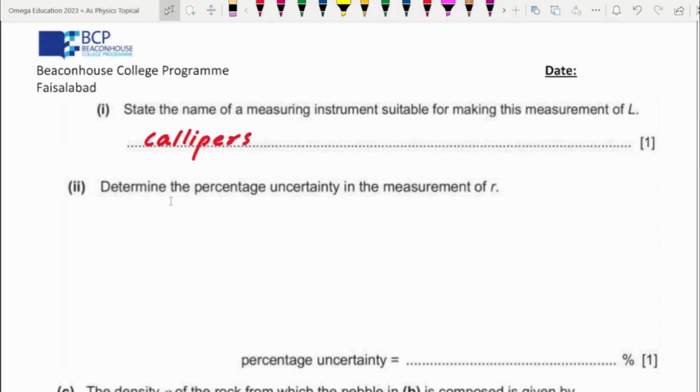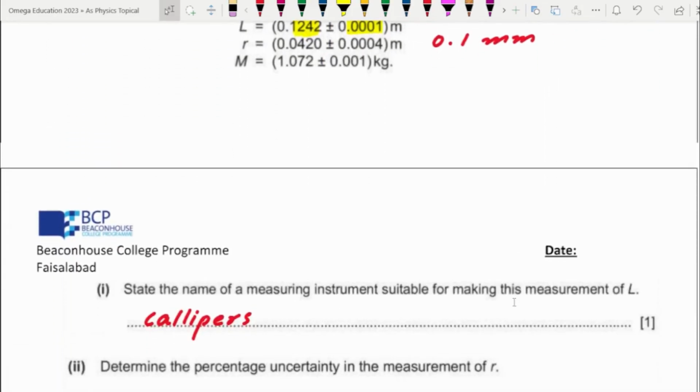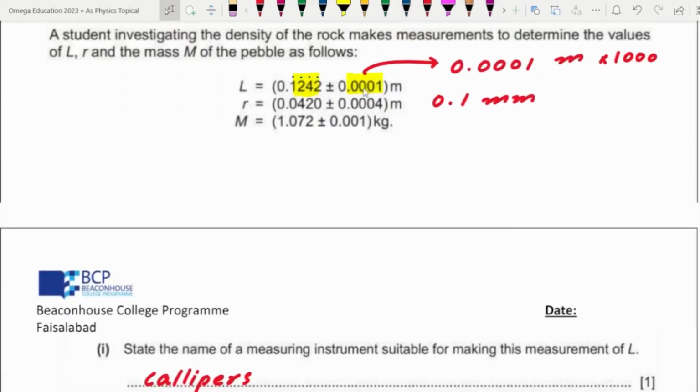Okay, the next part is determine the percentage uncertainty in the measurement of R, and that is only for a single mark. So we are given the absolute uncertainty of R, and we are given the principal value, so we can just divide the absolute uncertainty by the principal value 0.0420, and multiply by 100.